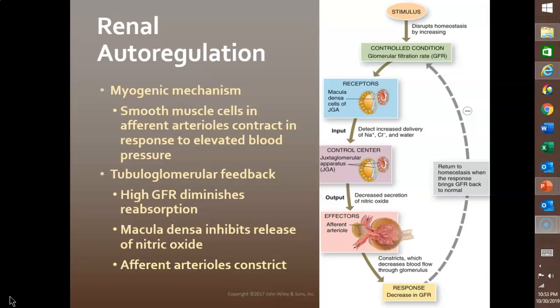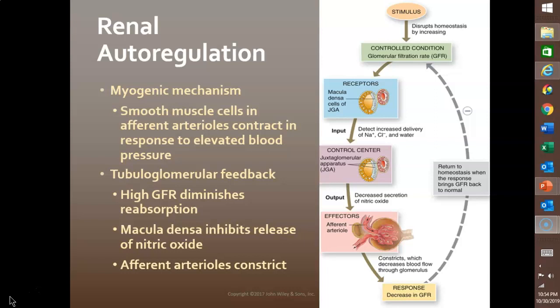The first is myogenic, and it occurs when stretching triggers contraction of the smooth muscle cells within the afferent arterioles. So once the smooth muscle in those afferent arterioles contracts, then the lumen of the blood vessels gets smaller. That decreases the blood flow in, and as a result, glomerular filtration returns back to normal.